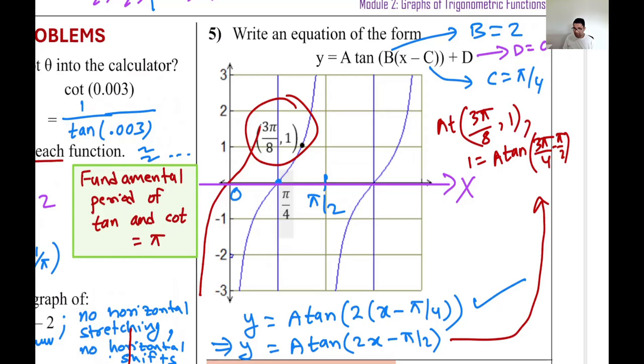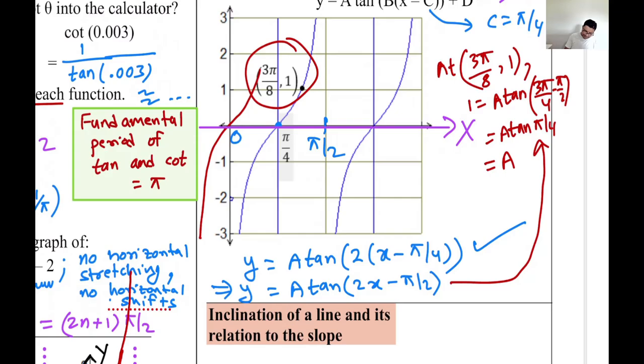Now simplify that. 3 pi over 4 is 135 degrees minus 90 degrees, which is 45 degrees, or tan pi over 4, which is 1. So A times 1 is A, which means the value of A is 1.